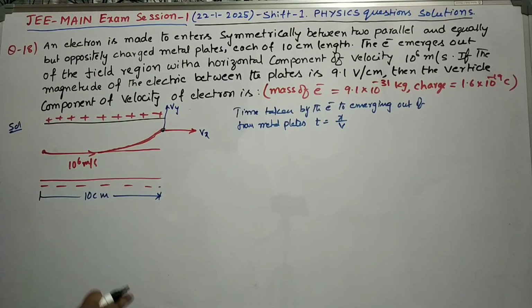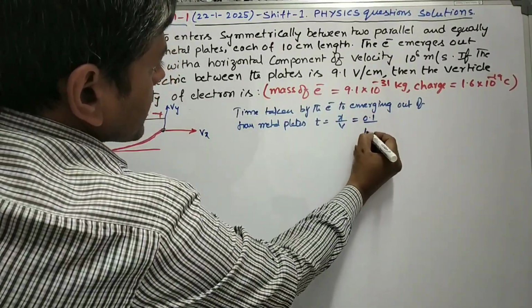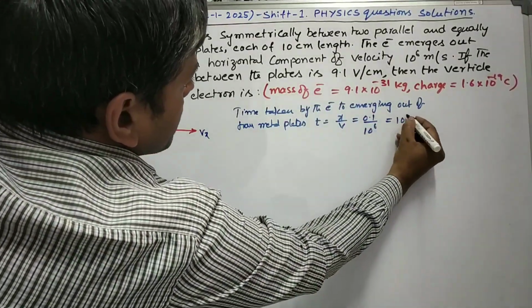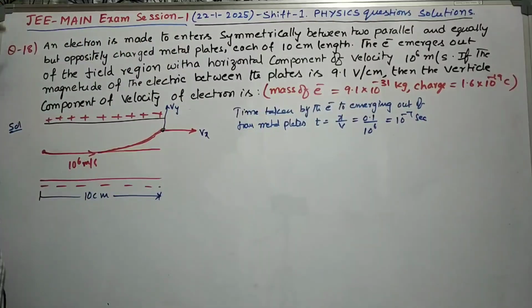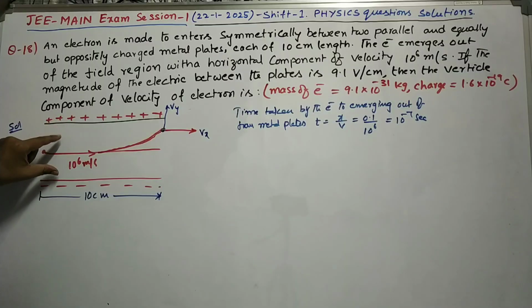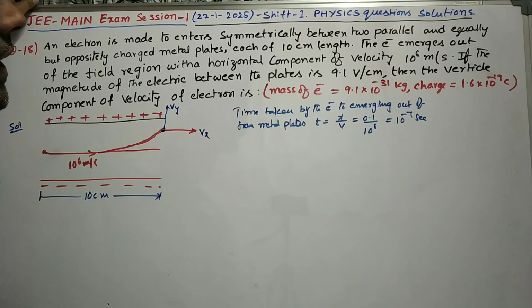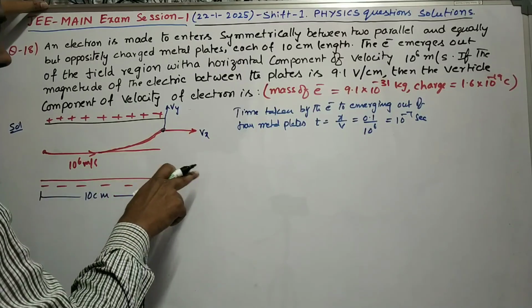The displacement is 10 centimeter, which means 0.1 meter, divided by velocity 10 power 6, which is equal to 10 power minus 7 second. So the electron takes 10 power minus 7 second to emerge from these two oppositely charged metal plates of 10 centimeter length. So when it is moving, what happens?